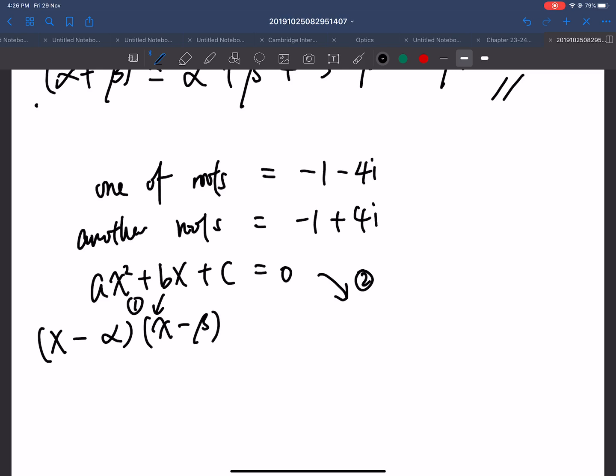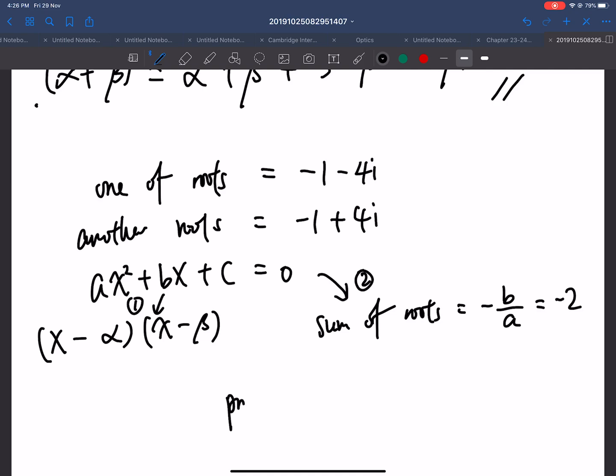You know the sum of roots is C over A. No, it's minus B over A. Yes. So the sum of roots here is -2. -2 is the sum of roots.